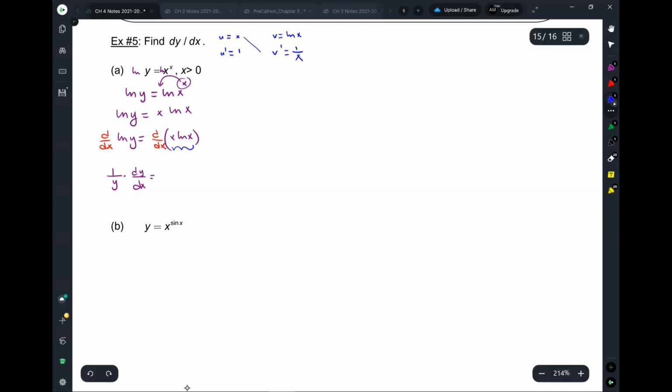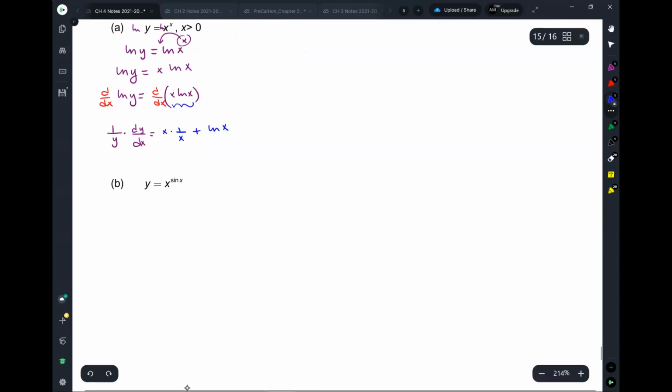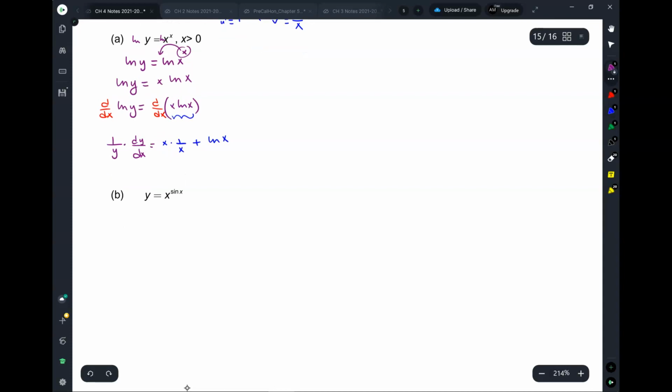The derivative of ln is 1 over x. Yep. So here I have x times 1 over x plus 1 times ln of x. So I have 1 over y dy dx is equal to 1 plus ln of x.